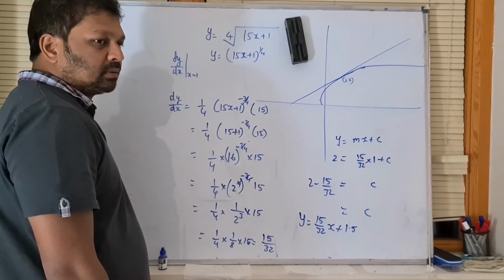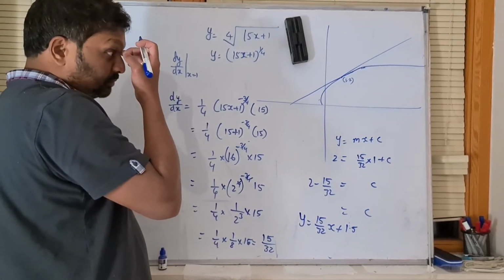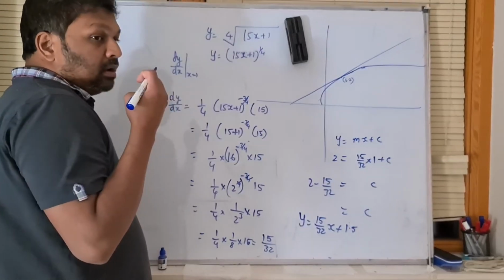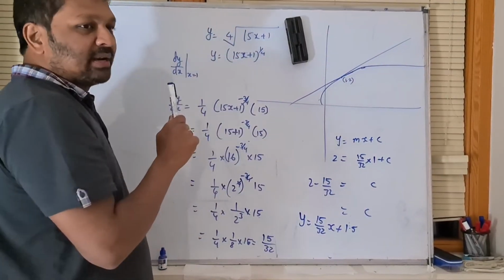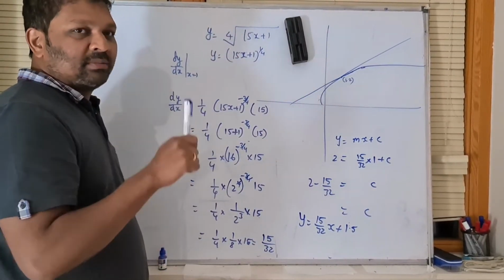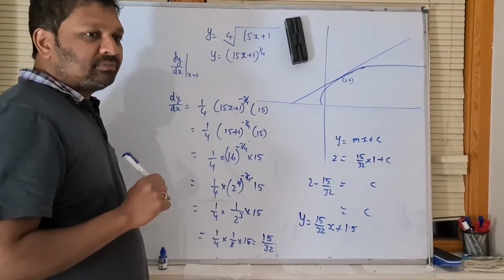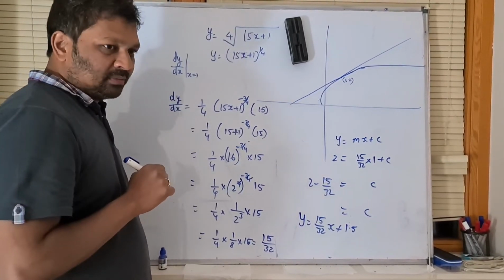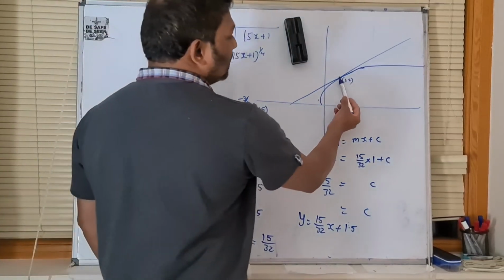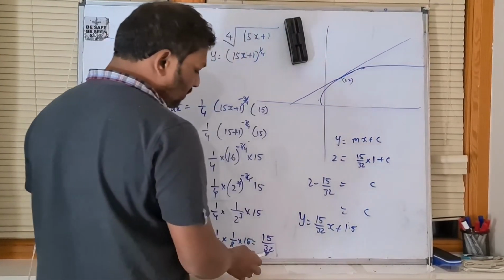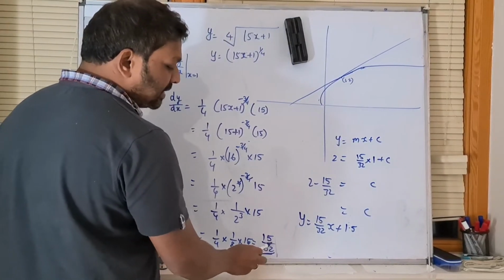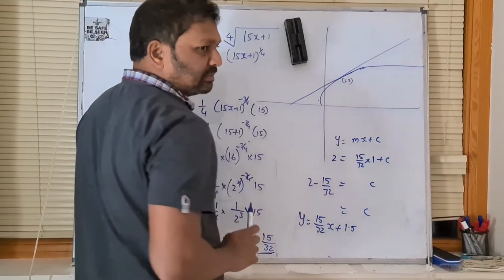Understanding differentiation and the properties of a line and of a curved shape is important to solve such problems. A point is given on the straight line, and the slope you found out, but the same slope you need to apply for this line also.